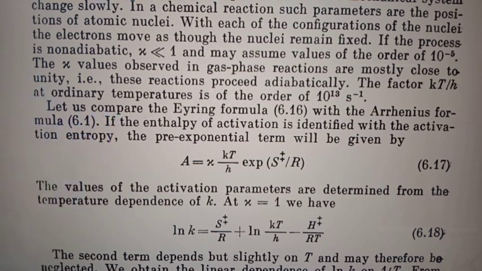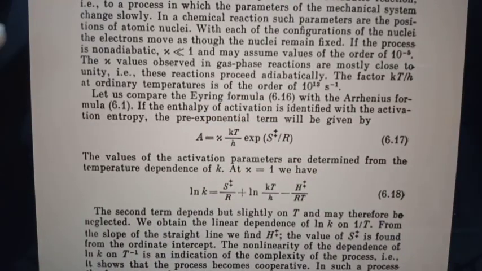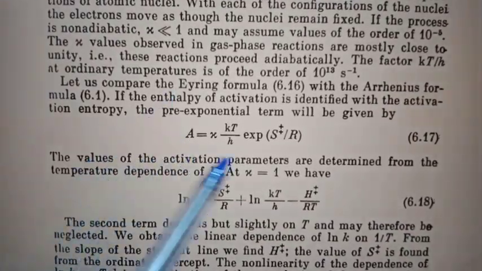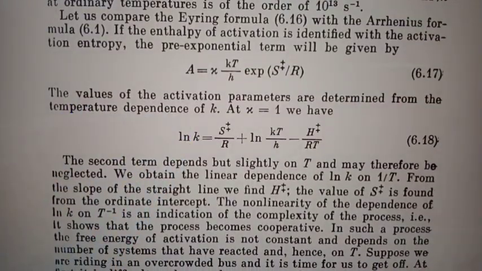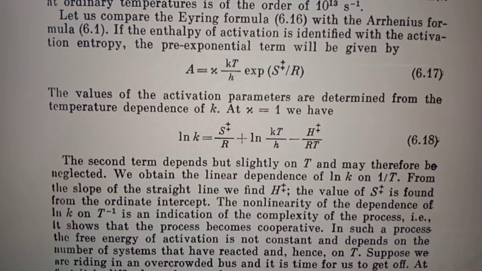Let us compare the Eyring formula with the Arrhenius formula. If the enthalpy of the activation is identified with the activation energy and entropy, the pre-exponential term will be given by this equation. The values of the activation parameters are determined from the temperature dependence of the rate constant.